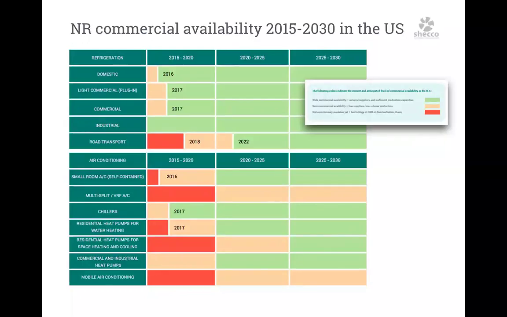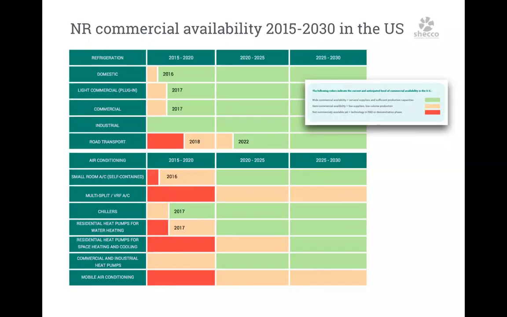When we talk about air conditioning and heating solutions, the situation overall looks a little less confident right now, as far as we can see from today's perspective. Maybe the most promising are on the chiller side and on the commercial and industrial heat pump side.